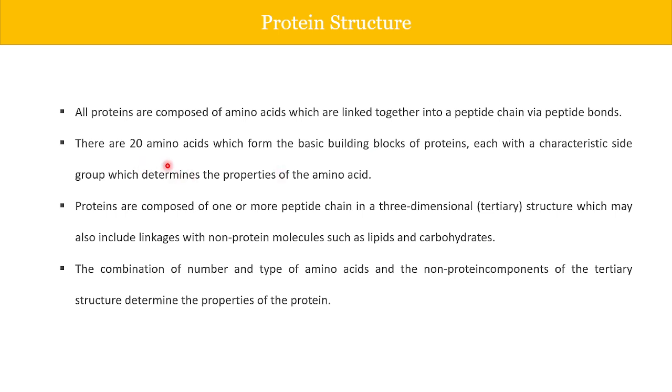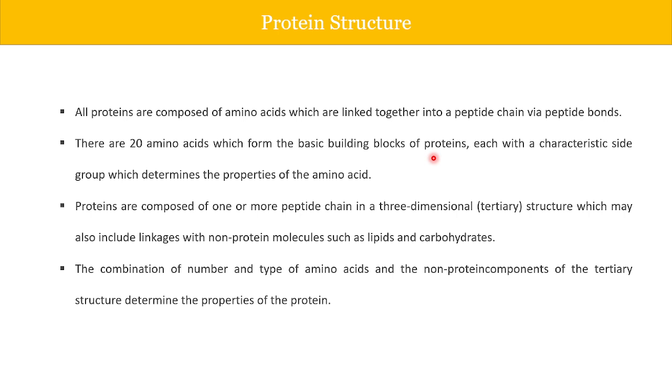And we have also seen that there are basically 20 natural amino acids which form the building blocks of the proteins, and each has characteristic side chains which determine the properties of these amino acids. Some are basic amino acids, for example arginine and lysine, then there are some aliphatic side chain amino acids like valine, leucine, isoleucine. Also we have acidic amino acid side chains like glutamic acid and aspartic acid.